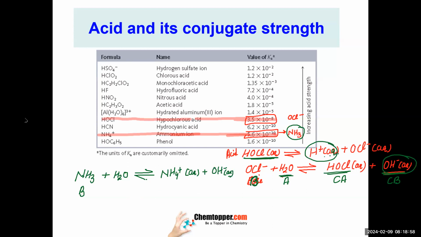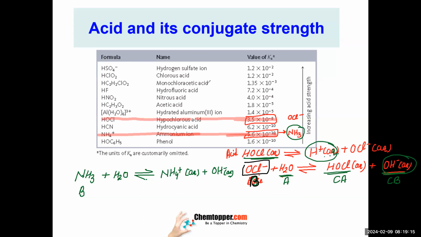Now I'm telling you another important word. This base, this OCl minus is behaving like a base in water. Children, water can behave like an acid. Water can behave like a base.